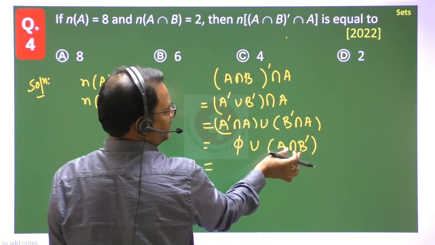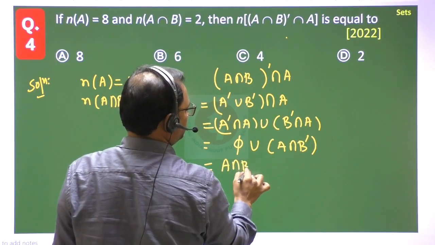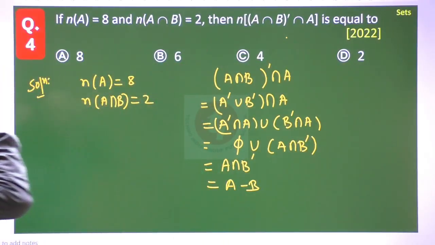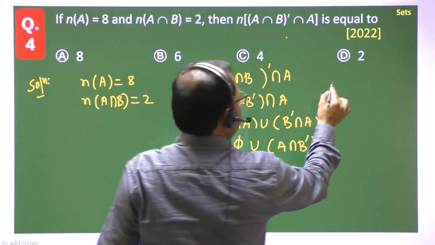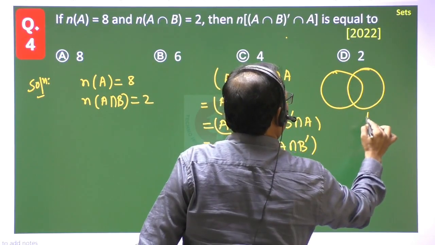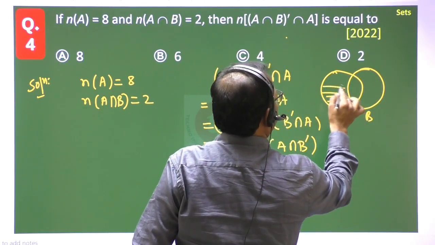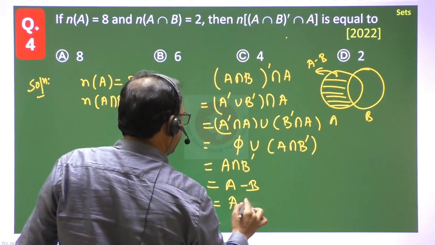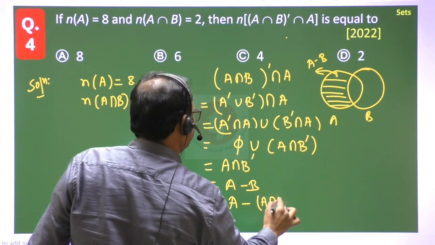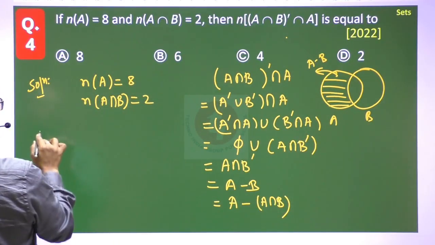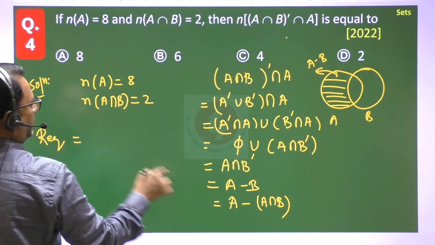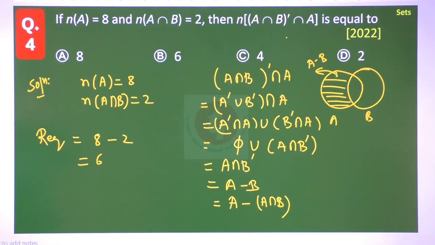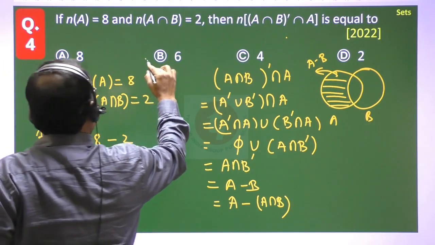If you take phi, it is a subset of any set, so the bigger set will come as the superset, and it is nothing but A minus B. A intersection B complement is nothing but A minus B. If it is the A set and it is the B set, you notice that this shaded portion is A minus B, which can also be written as total elements of A minus A intersection B. Therefore the required value will be A set having 8 elements and their intersection 2, so 6 elements. Bombay is the correct option.